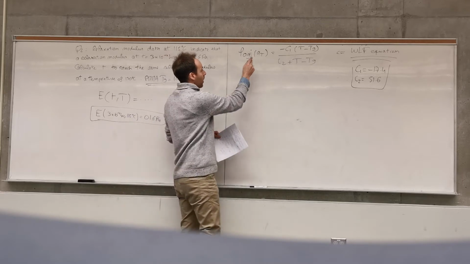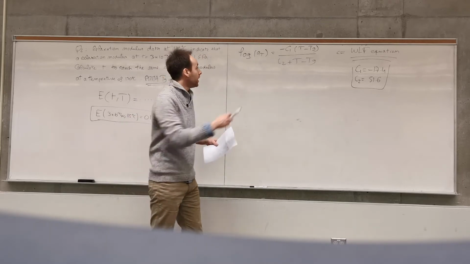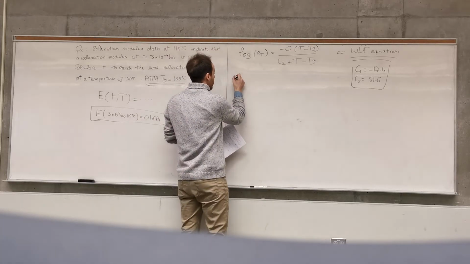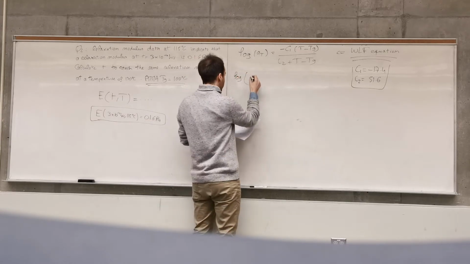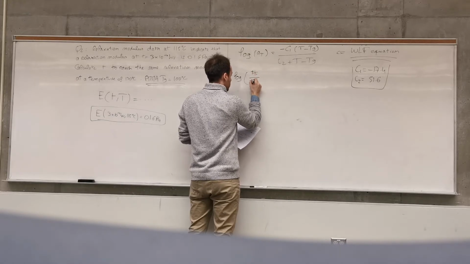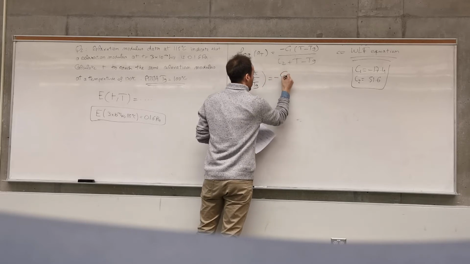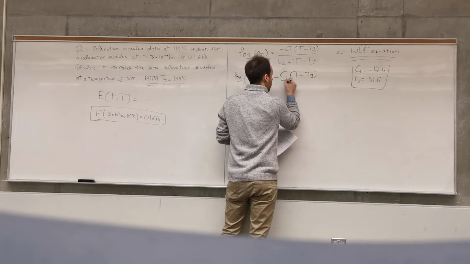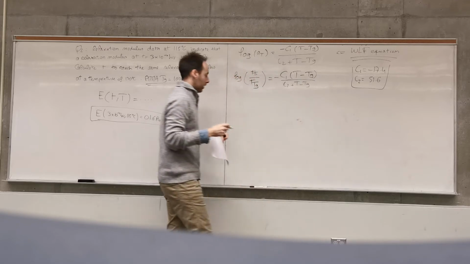So now we can take a look at the meaning of this aT, the shift factor that I described last time. You can write aT as the ratio of the times.